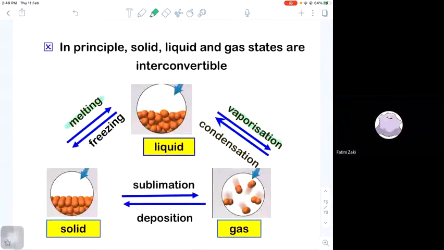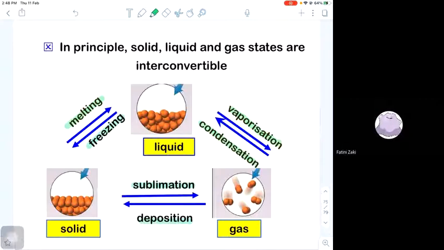The reverse process, from liquid to solid, we call the freezing process. When gas returns back to liquid, this is what we know as condensation. As for solid to gas, directly from solid to gas, it is sublimation. And from gas back to solid, it is known as sublimation as well, or we can also use the term deposition.